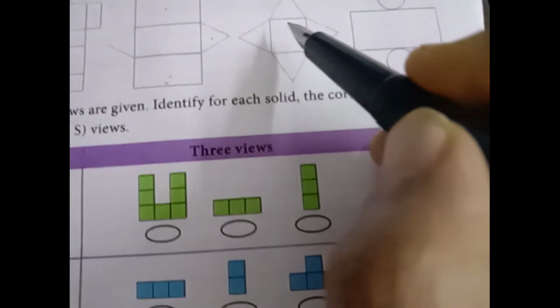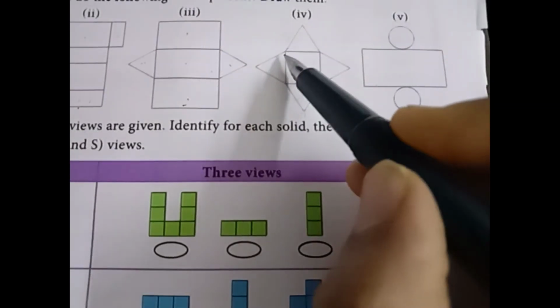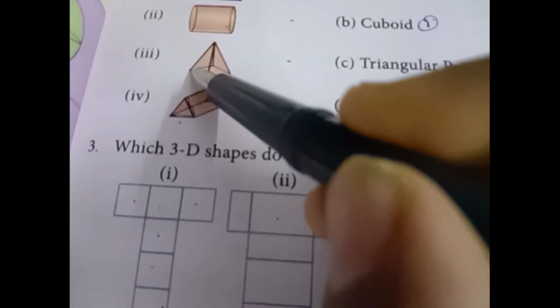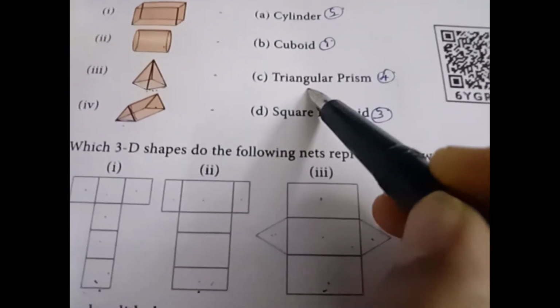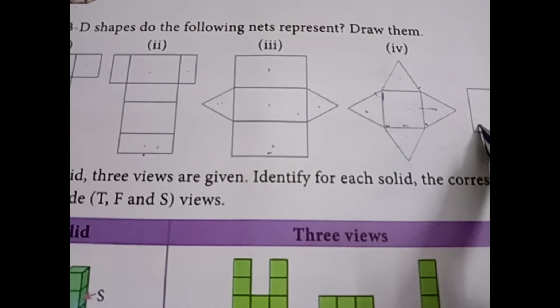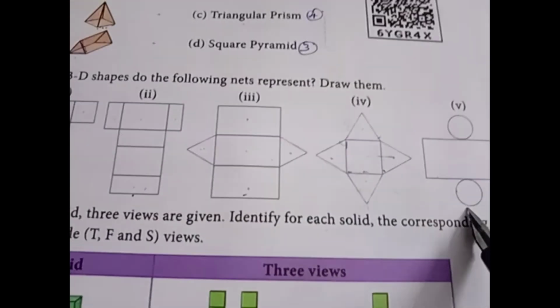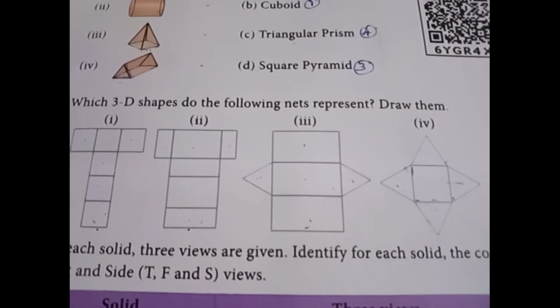And the next, fourth figure, they given a square and 4 triangles. If you see the square pyramid, it has a square and 4 triangles. So using this net you can draw the square pyramid. And the last one is rectangle and circles. So using this net you can draw the cylinder.